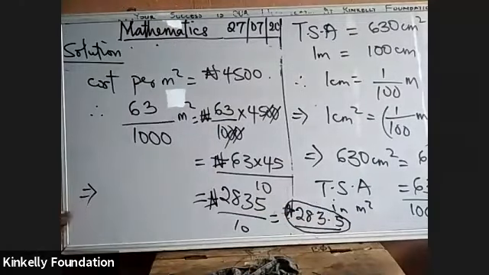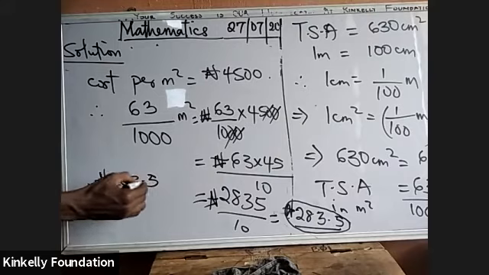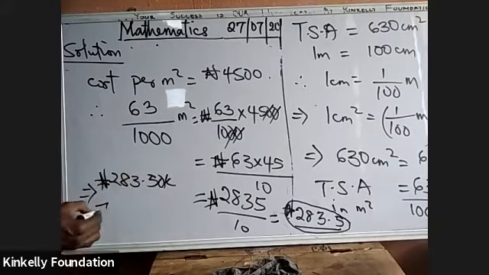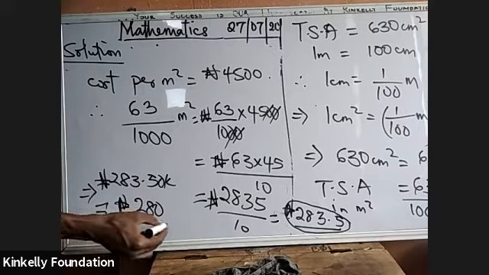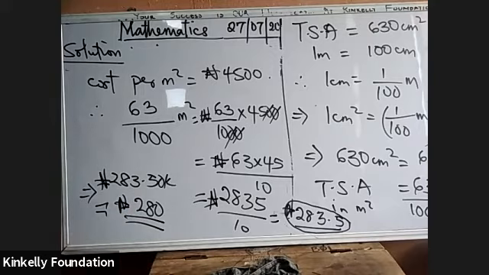To the nearest 10, 283.5, 50 kobo, will give us 280. This is the 10th place value. Since this is not up to 5, take it as 0. So this is the cost of that tin plate if a meter squared of it costs 4,500 naira.